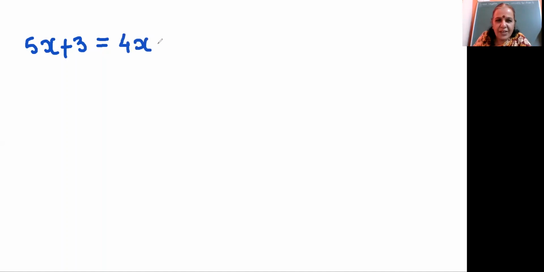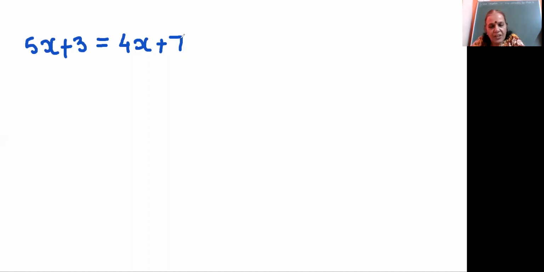Now you have learned an expression. If you add 5x to 3, and if you write is equal to in between, 5x plus 3 is equal to 4x plus 7. If I say 5x plus 3, it is an expression: 5 times x is added to 3 and 4 times x is added to 7.